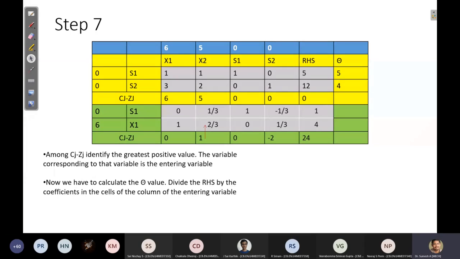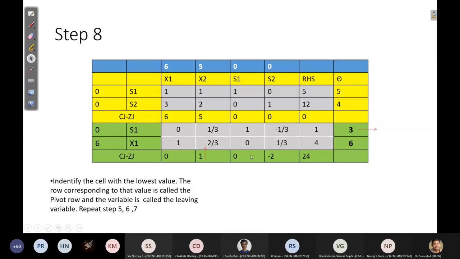Again, find the replacement ratio. 1 divided by 1 by 3 and 4 divided by 2 by 3, RHS is here. So you got 3 and 6.